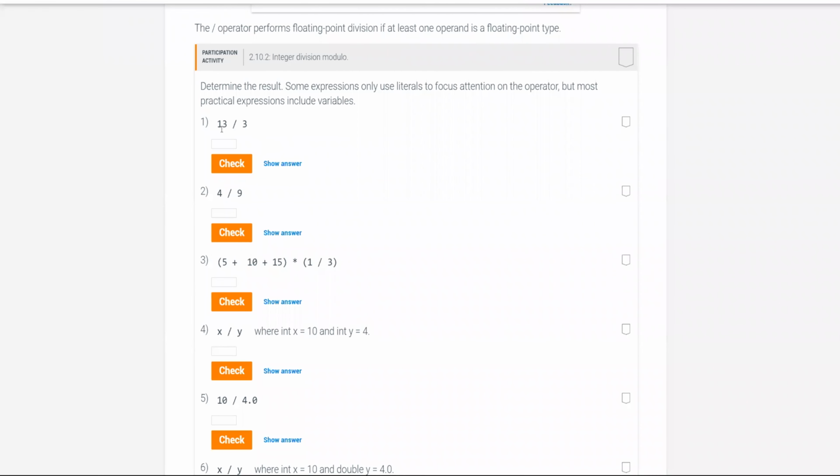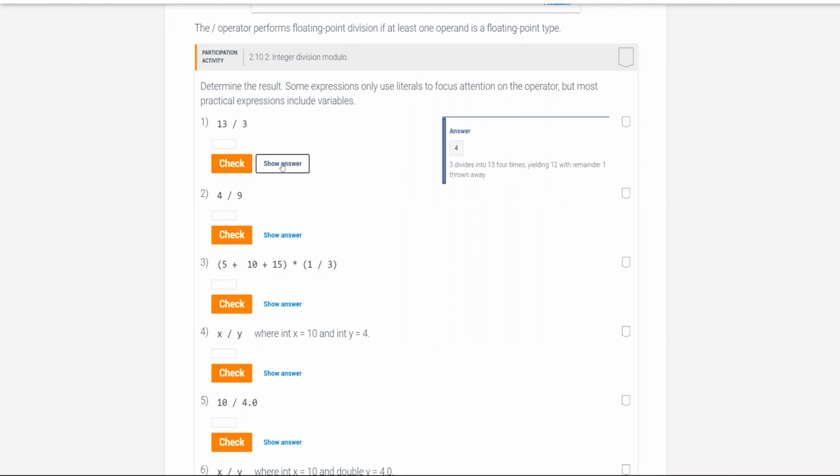When you divide 13 by 3, actually you get 4 as the answer, right? Those are integer divisions. What about this? 4 divided by 9, what do you think you get? Usually you should get something point, right?